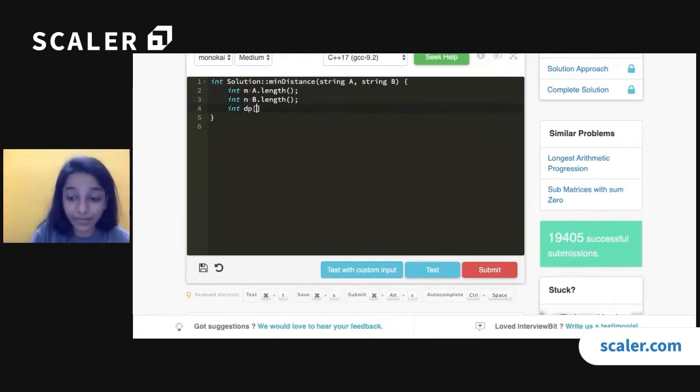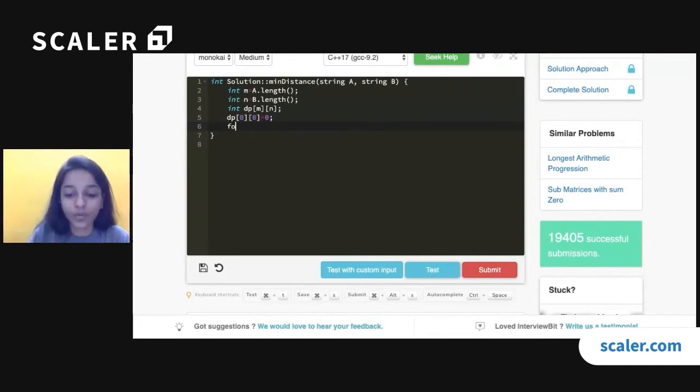We will take a 2D DP of size m cross n, and the first cell will have a value of 0, because that signifies empty strings. Converting an empty string to an empty string costs us 0.